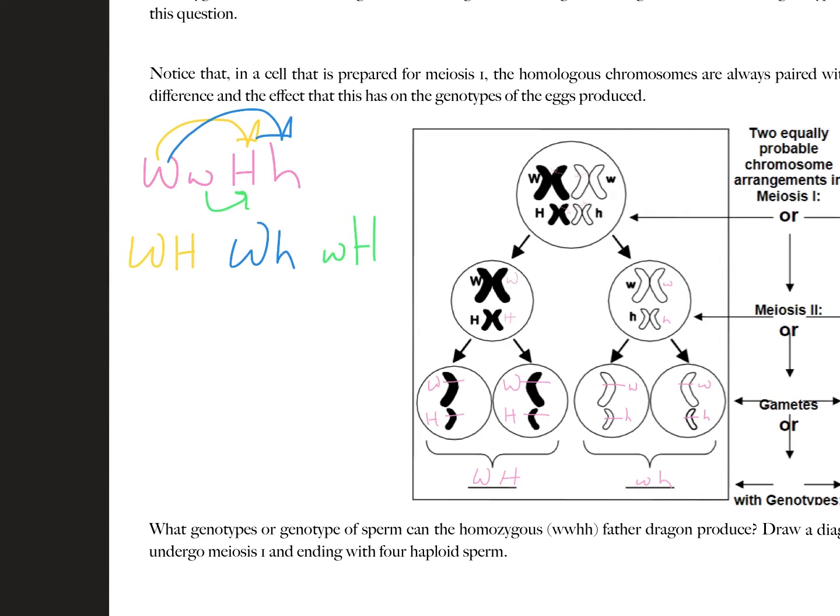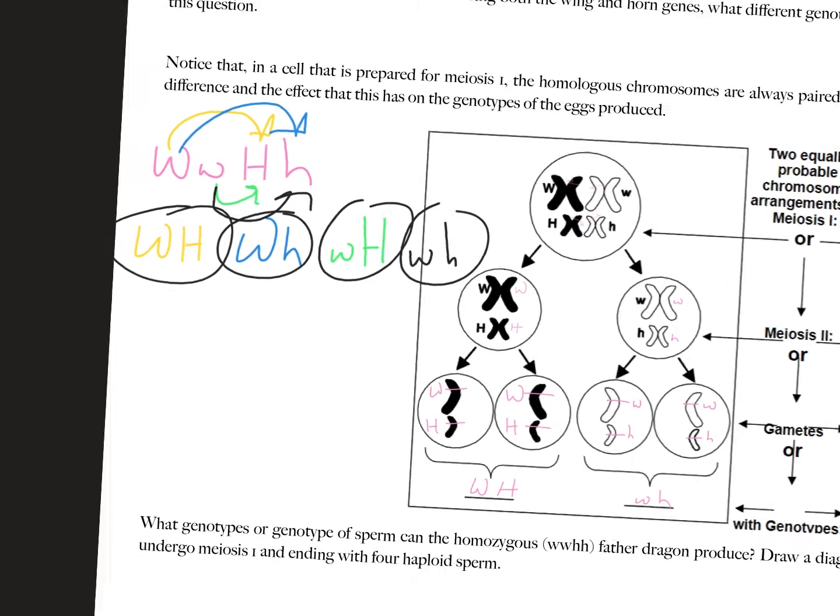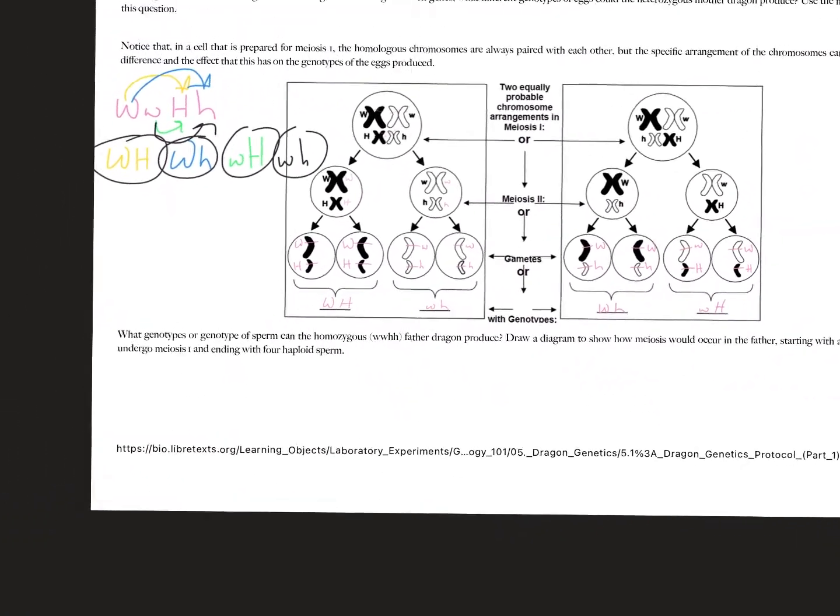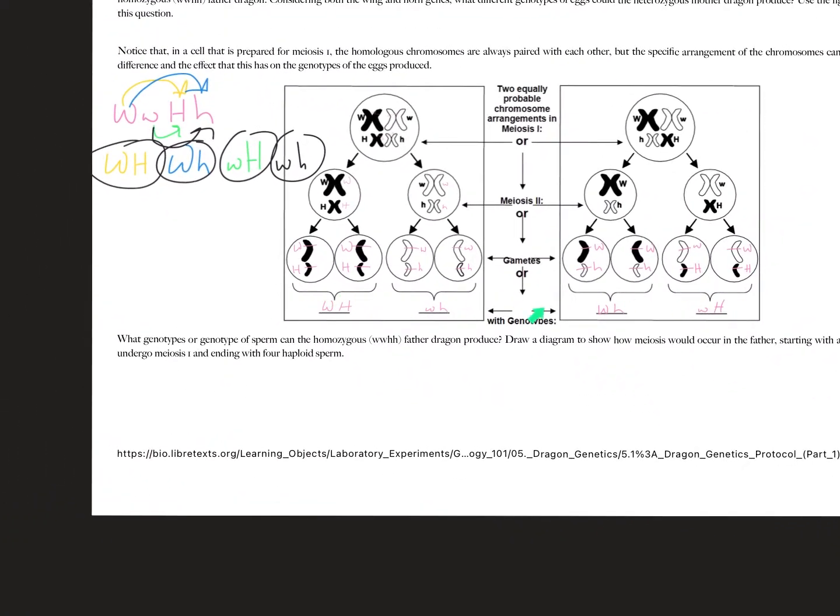I'll just do black, I guess. So that's little w, little h. So you've got these four possible eggs that are exactly what you saw happen here. That's why they made you do this, so you can see where this comes from. These various independent, random outcomes are possible because of the law of independent assortment.